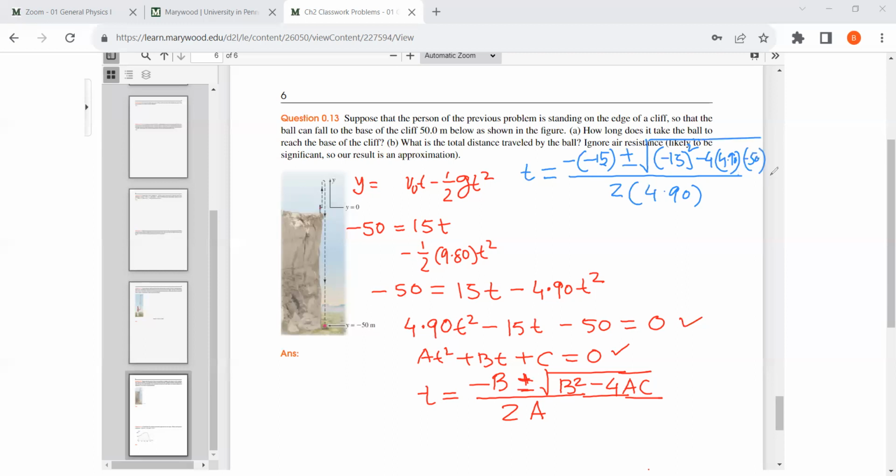So this is the solution. If you do all the math correctly, you should get 15 plus minus the square root of 1205, over 9.80.